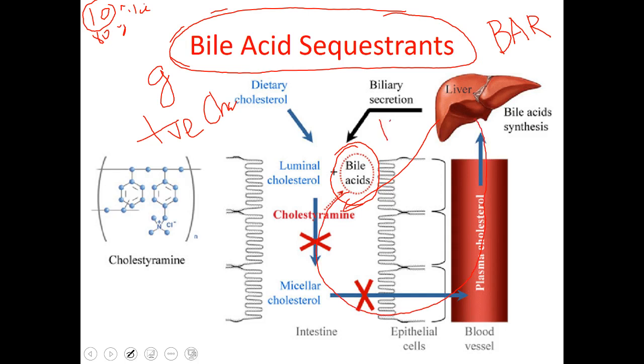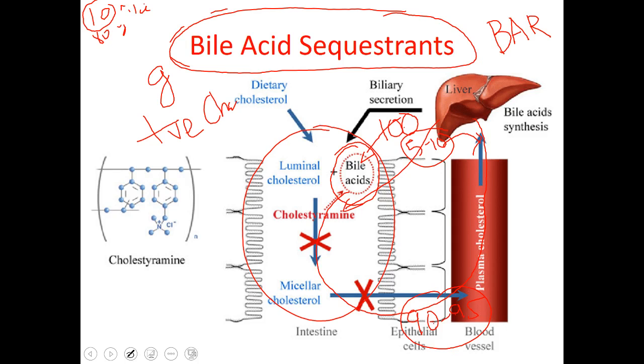So, let us assume the liver releases 100 molecules of bile acids; after doing its job in the intestine, almost 90 to 95 of them will return back to the liver through the enterohepatic circulation. So, when the liver is synthesizing next time, it has to produce only 5 to 10 more molecules, and that will add up to the 90 to 95, and that will be released back into the intestine. So, this is what normally happens physiologically.